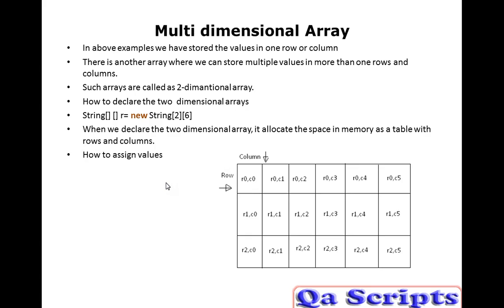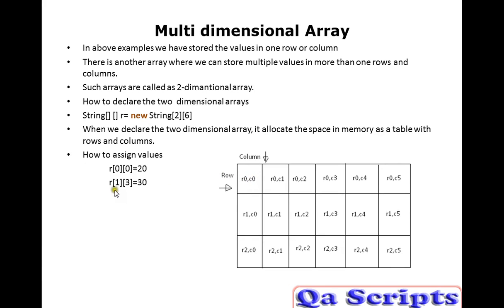How to assign the values? Very simple. If you say r[0][0] = 20, it means the row value is 0 and the column value is 0, so it will start at the first row, that is row 0 and column 0. So here the value 20 is going to come and sit.